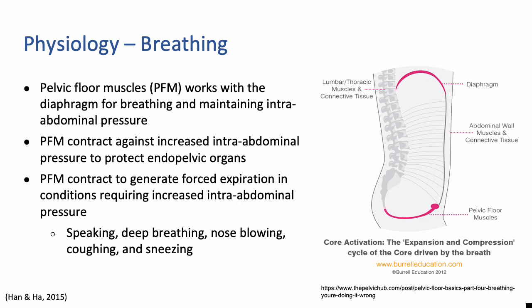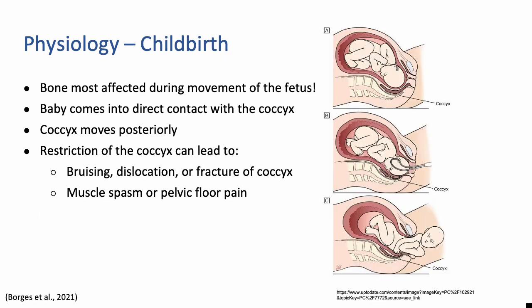And as we learned before, the coccyx is attached to the pelvic floor muscles, and therefore it's moving if the pelvic floor muscles are moving, and that is why there may be some either pain or change in breathing mechanics when someone has tailbone pain. And I will talk more about breathing in the treatment section as well.